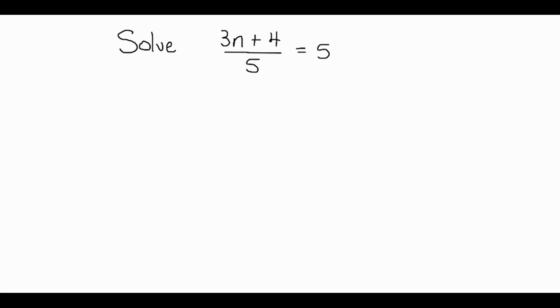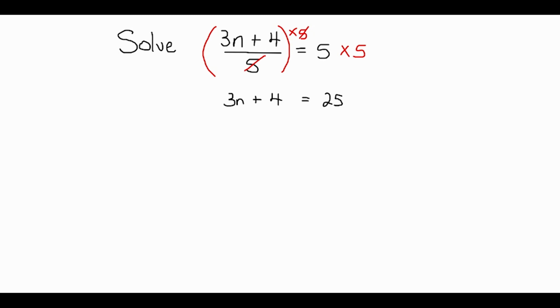So if I were to multiply everything on the left by 5, as well as everything on the right by 5, this will help me eliminate this division by 5 on the left-hand side of the equation, and I'll remain with 3n plus 4 on the left-hand side, and on the right, the product of 5 and 5 will leave me with 25.